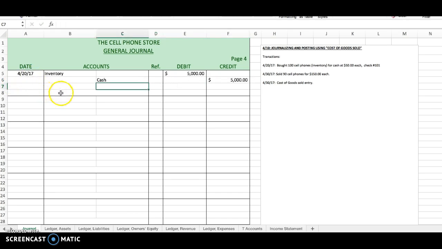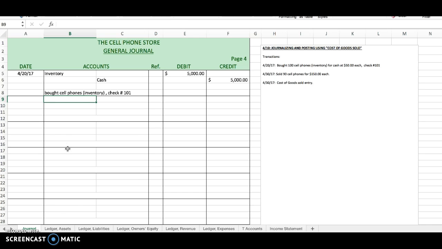And this has a little line down here for an explanation. And we bought cell phones, which is inventory, check number 101. Okay, very simple explanation. So that's the journal entry.